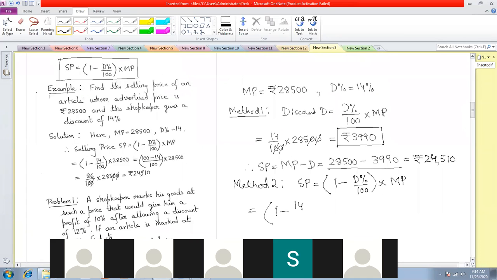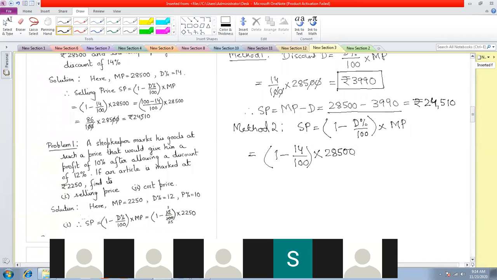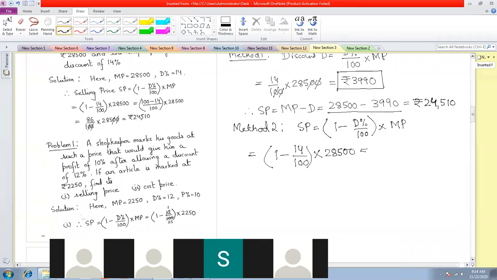Let's put 14, and the mark price is 28,500. Now let us calculate this. You can cancel here also, and then take the LCM.